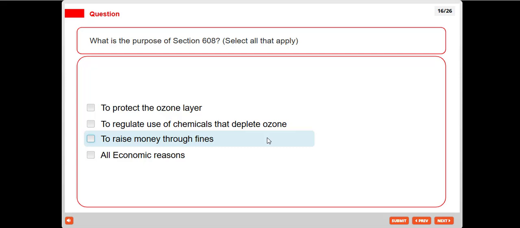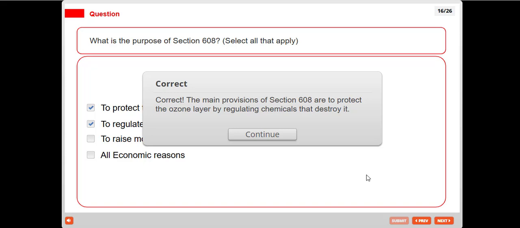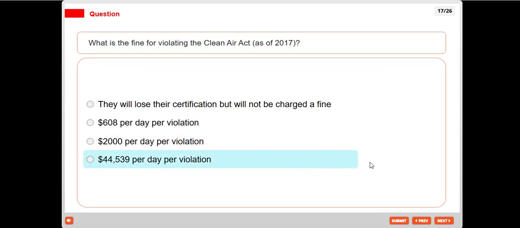What is the purpose of Section 608? Select all that apply. To protect the ozone layer, yeah. To regulate use of chemicals that deplete ozone, yeah. To raise money through the fines, no. Economic reason, no. Correct. The main provisions of Section 608 are to protect the ozone layer by regulating chemicals that destroy it.